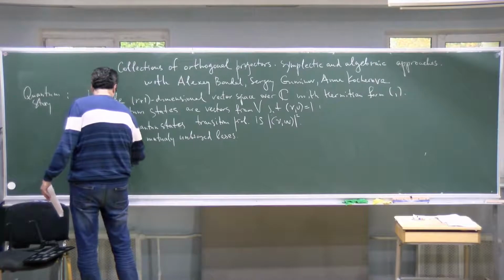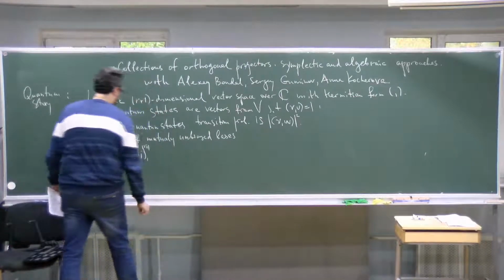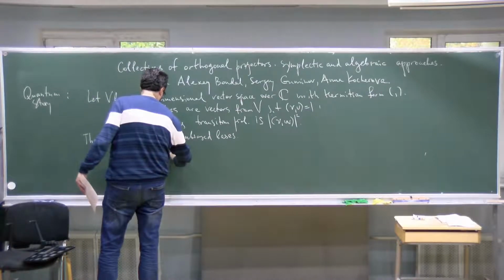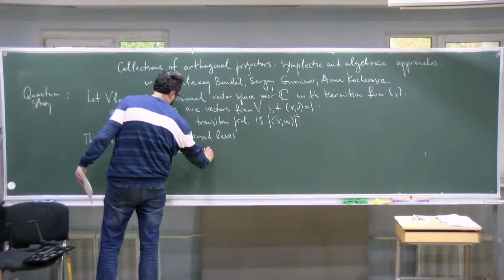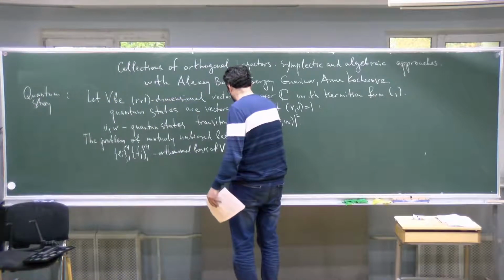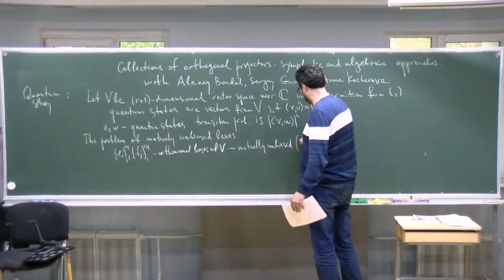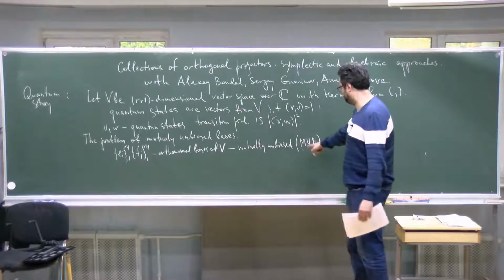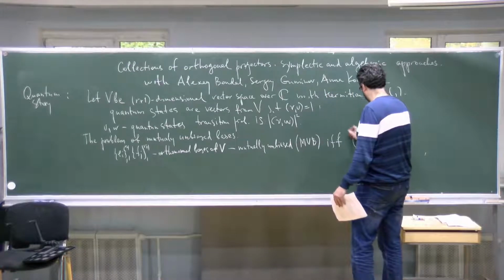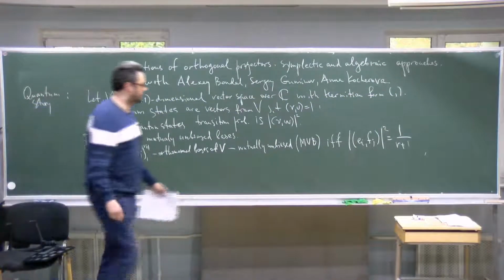If we have two orthonormal bases from V, they are called mutually unbiased if we have the following condition for any i, j. I will use the brief notation MUB.